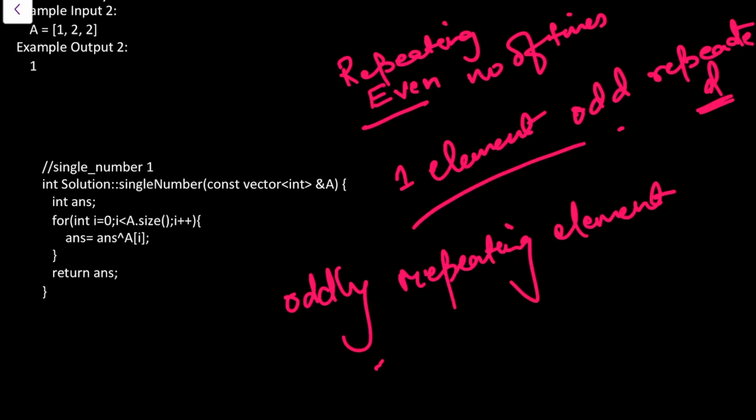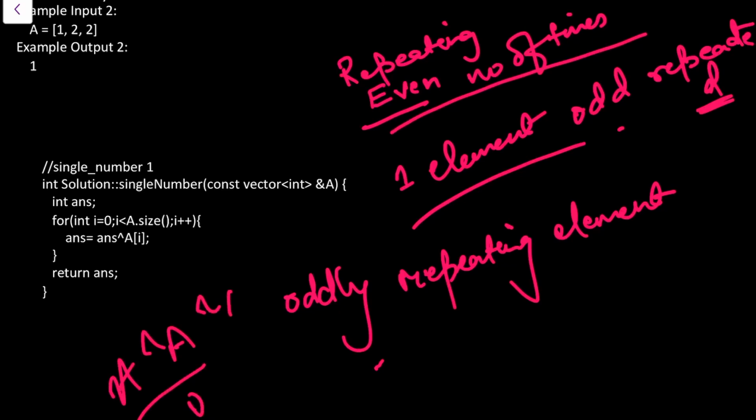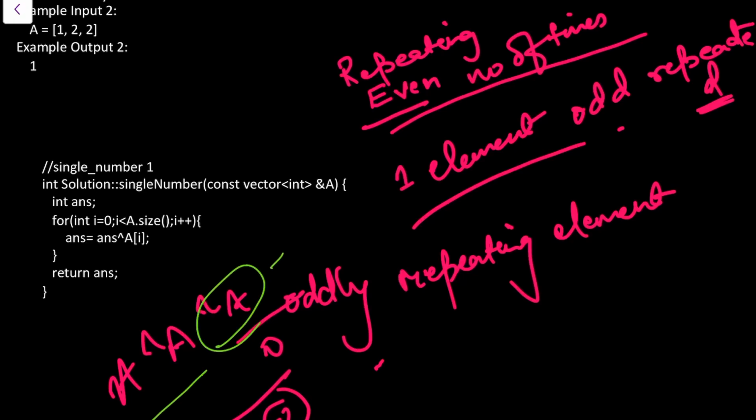So your answer should be XOR of all the values. If you guessed it right, give yourself a pat on the back, because all the even number of elements, A XOR A will give us 0, XOR A XOR A, this will again give us 0, and 0 XOR 0 will give us 0. But when it's odd, like there are 3 A's, what will happen? This will give us 0, but this A will remain, and A XOR 0 will give us A. So just a single A will remain instead of giving us 0.